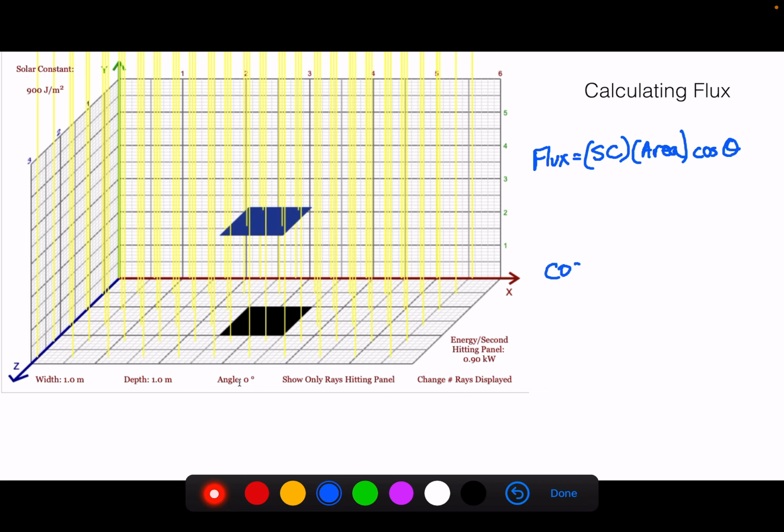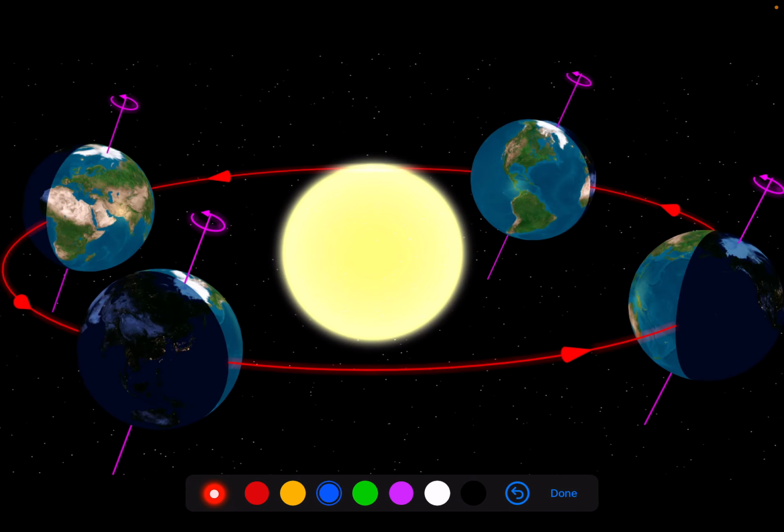Remember that the cosine of 0 is 1, and the cosine of 90 is 0. So at a 0-degree angle, that would give us our best case, and 90-degree angle gives us our worst case.